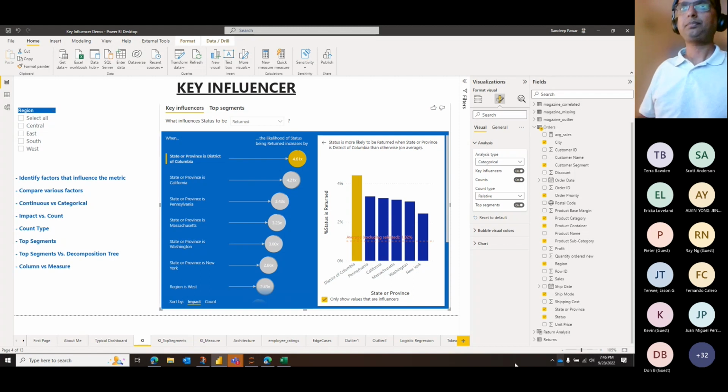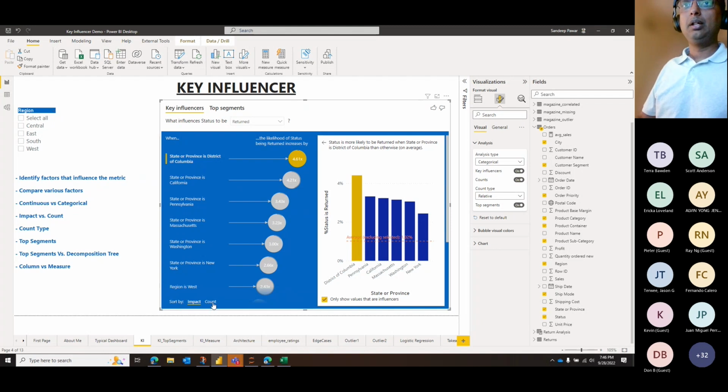So that is one way to understand that. On top of that, there is another thing that you can do. At the bottom, there is a sort by, and right now it is sorted by the impact, and that impact is 4.61x.